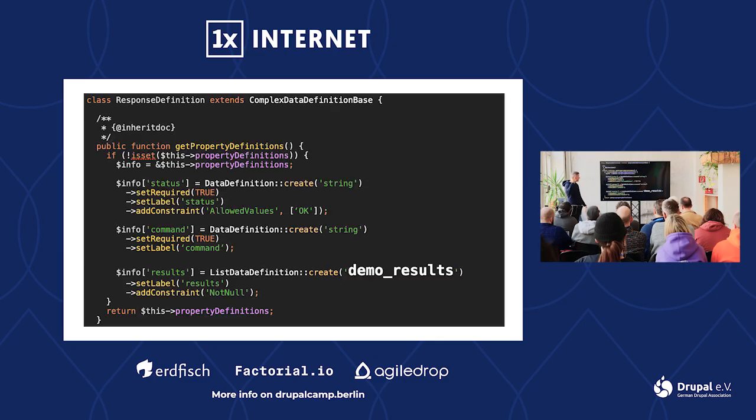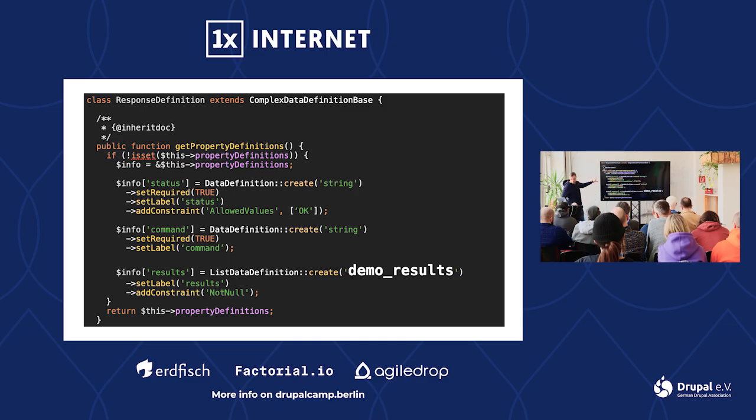First of all, let's handle the first level of complexity, which will be the recipe for the response definition. We are going to set some simple properties like status, command, and result. This is pretty straightforward because we are using the primitive representations for them. But the results will be the second level of complexity. So we are going to use some custom representation, which will be demo results, which will then be injected into the list data definition coming straight from type data.